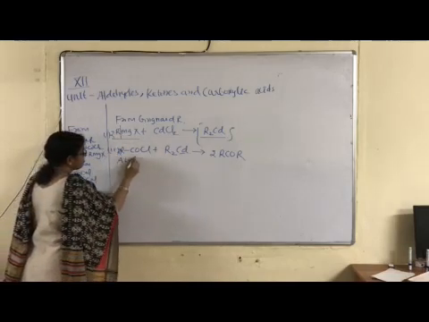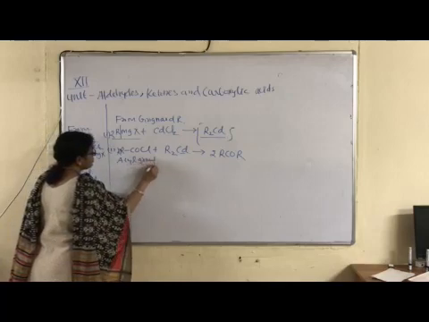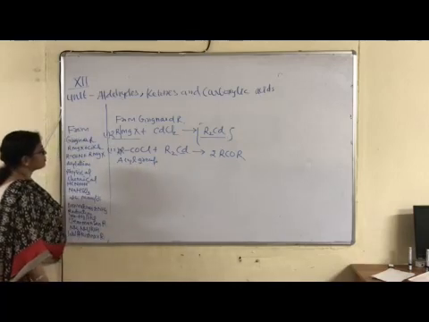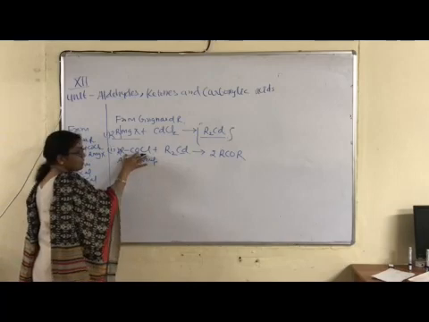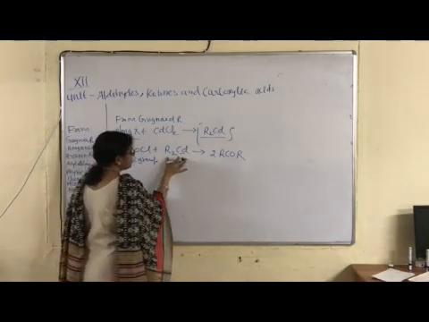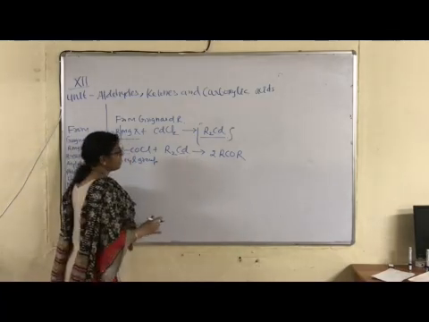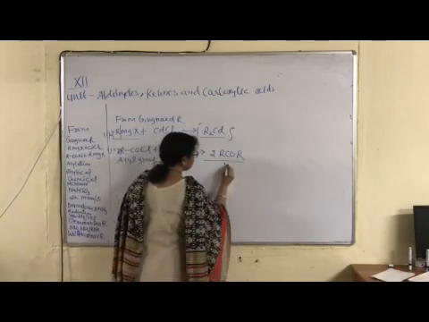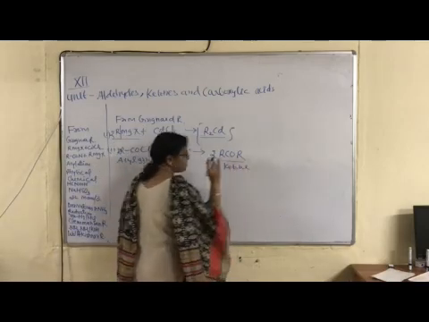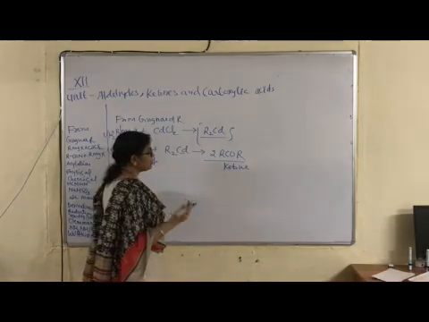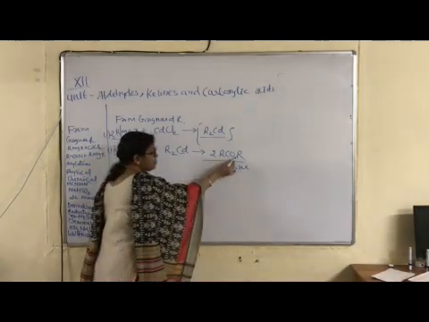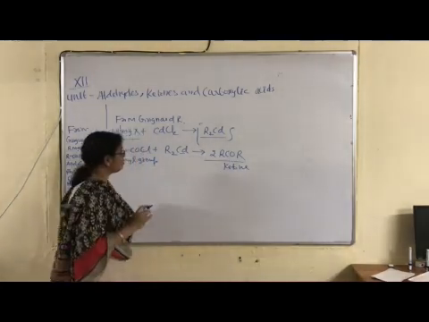This group is acyl group. Right? Then reaction between acyl chloride and this dialkyl cadmium forms ketone. Only the general formula is written here, not a known ketone. You know very well, if R is CH3, then the ketone is acetone.